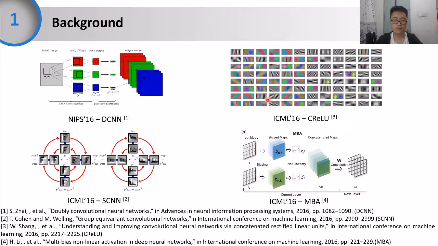So what are the transfer filter-based algorithms? In the literature, there are four main transfer filter-based algorithms. These algorithms mainly explore the attributes of the kernels of CNNs, for example the translation attributes, the rotation and symmetry attributes, the negative and positive attributes, the bias attributes, and so on.